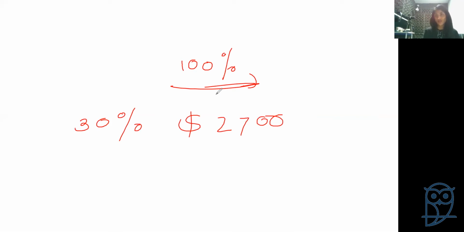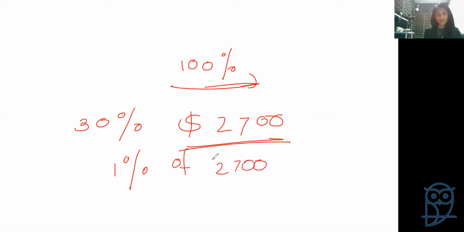What is a unitary method? A unitary method is that we work out the 1% of the amount first. So how will I work out 1% of the amount? For example, 1% of 2,700, I'm going to divide by 100.